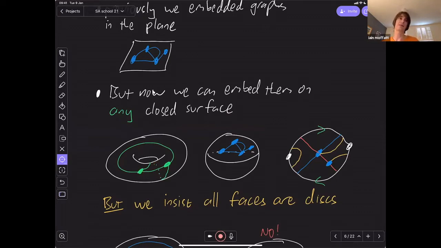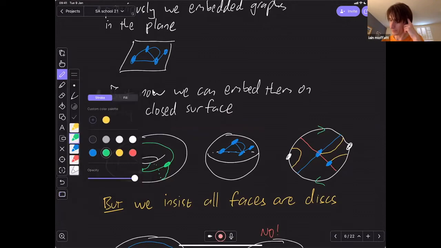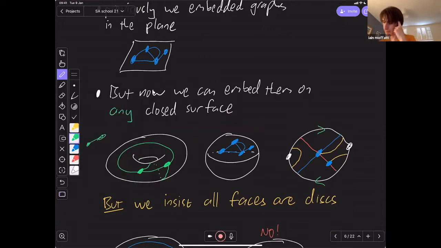And again, these curves can't intersect each other. So what I've got here is an embedding of the theta graph on a torus. Here we've got this example up here on the plane, but just on the torus.